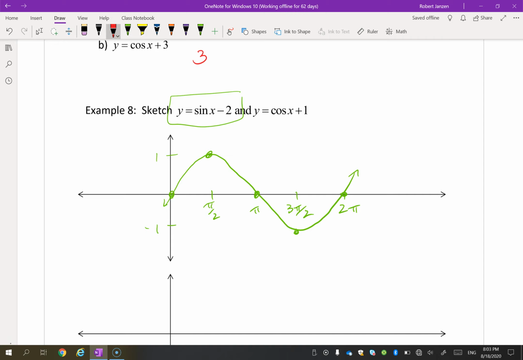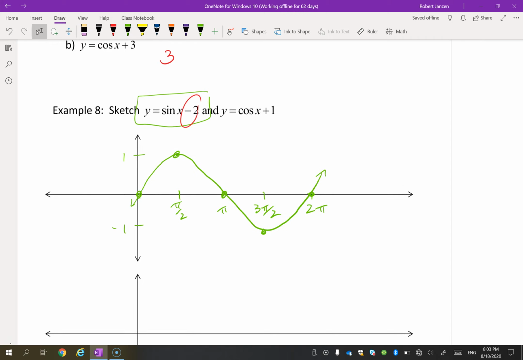Now, what we want to do is move it down 2. Now you can't move this line. We can't just say, if we want to move this down 2, why don't we just say this becomes -1 and this becomes -3? You can't do that, because this is the line y equals 0. That can't change.